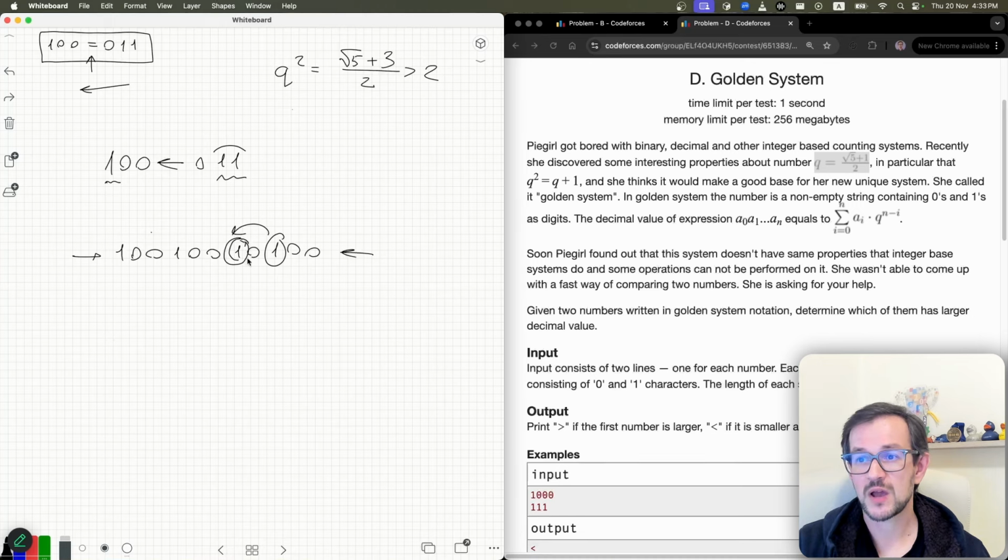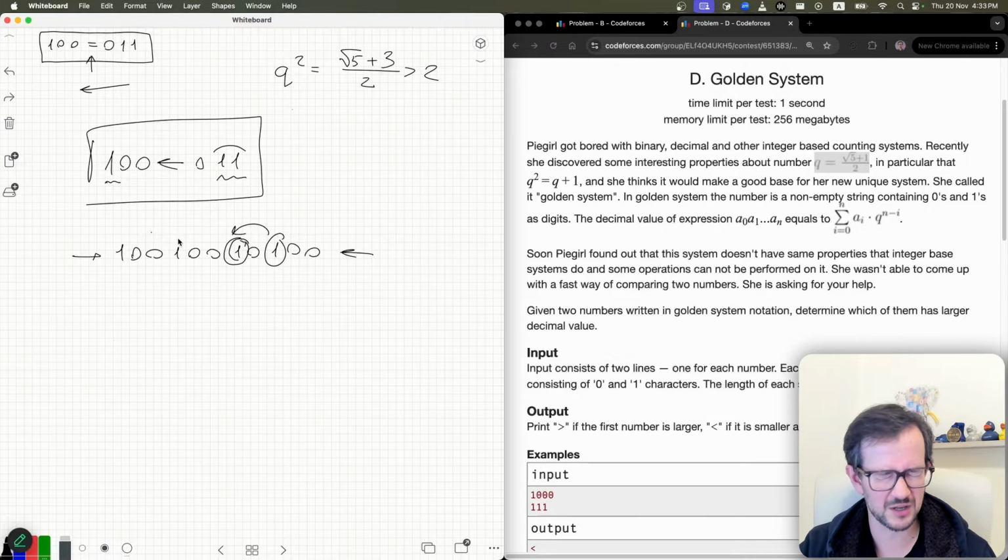I need to make some canonical representation. This operation looks like it's simplifying the number, so I will apply it until I have a canonical representation, and probably I can just compare these representations and I'll be fine.